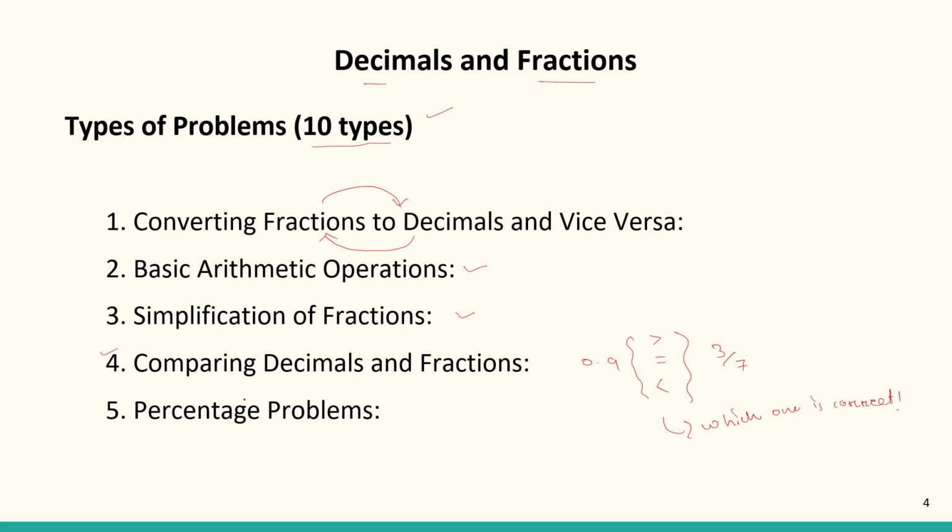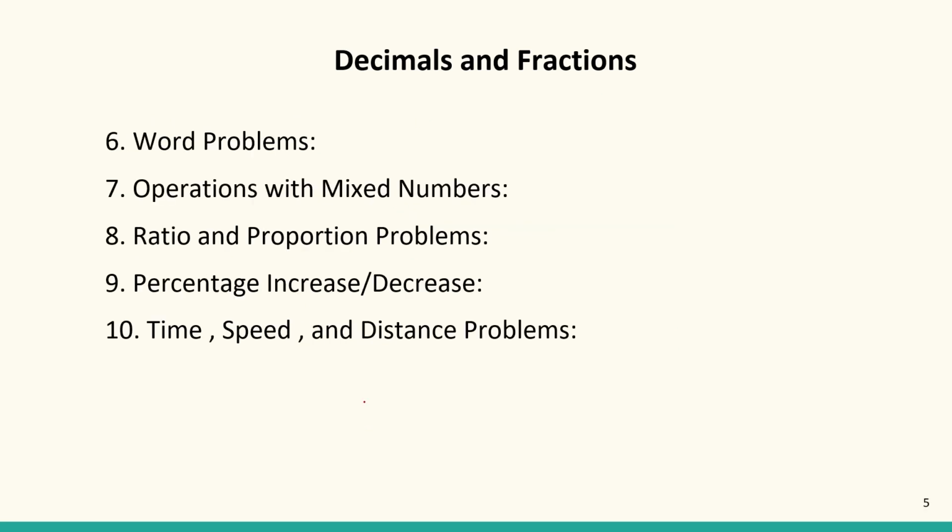Then there are percentage problems, and then we have word problems and operations with mixed numbers. We have previously learned what mixed numbers are. If we have a whole number part in the fraction, then we say the number is a mixed number, like 1 and 3 by 4. This is equivalent to 4 into 1 plus 3, over 4.